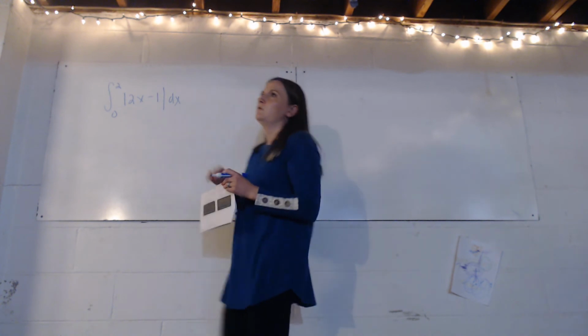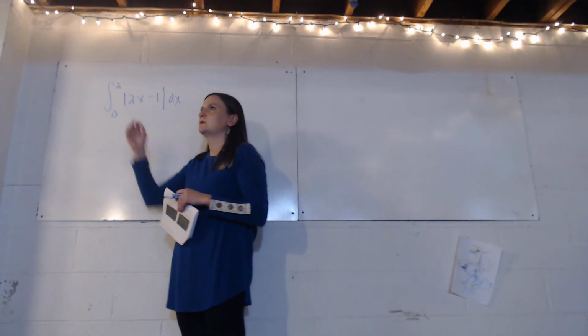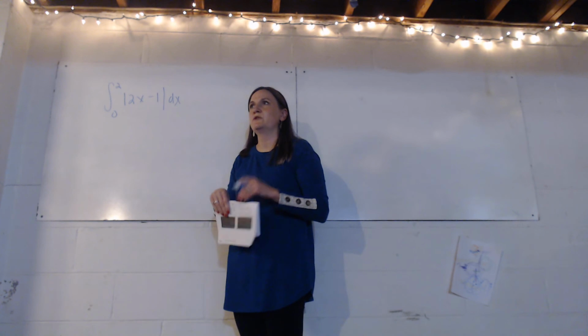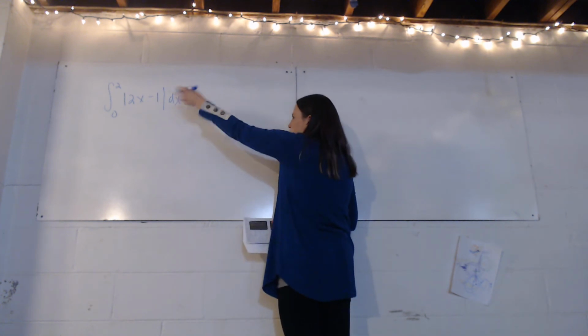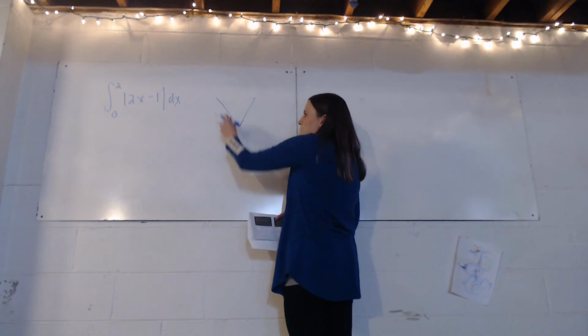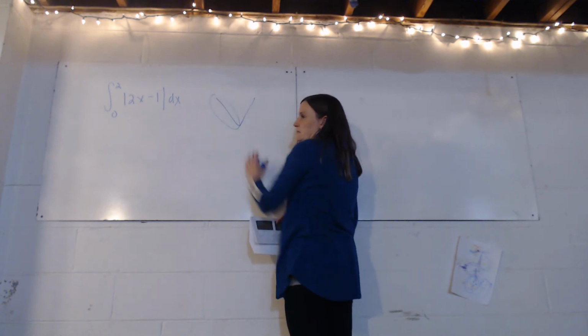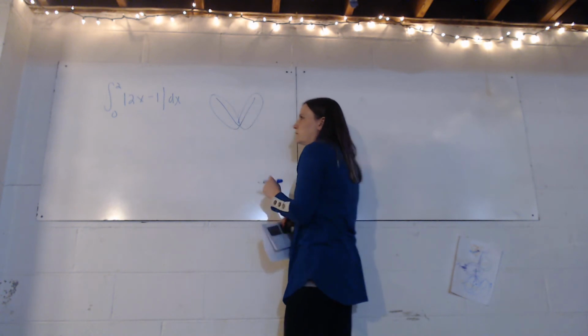And so when you are taking the definite integral of an absolute value function, you need to split that function up. If you think about an absolute value function looking like this, you're going to integrate this over the range that it is continuous for, and then this over the range that it is continuous for.